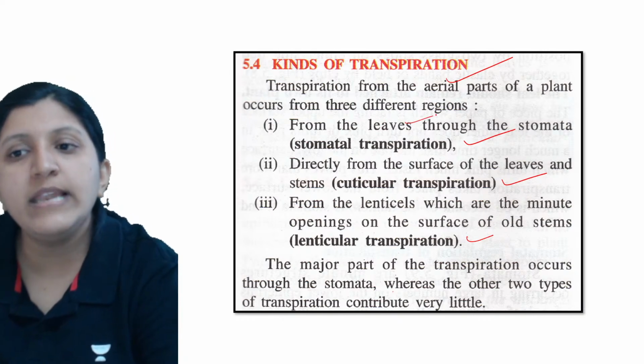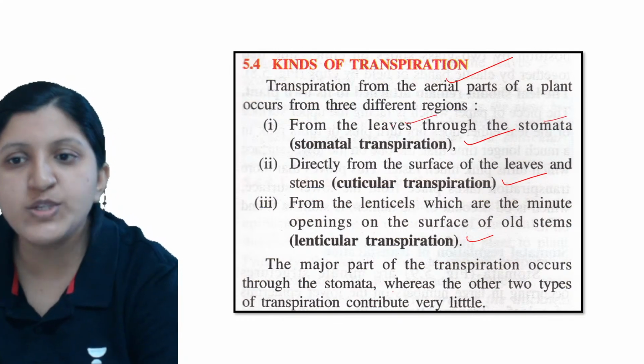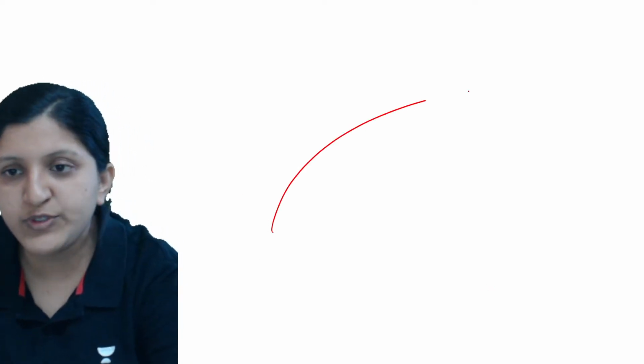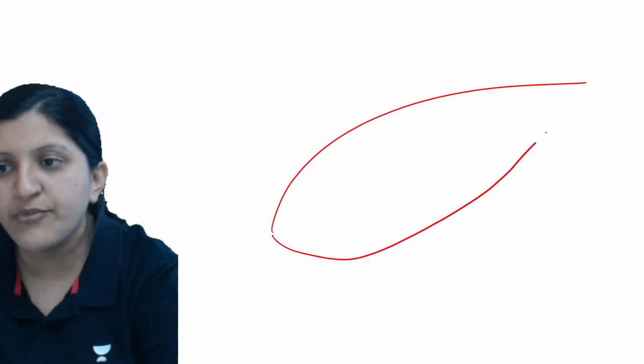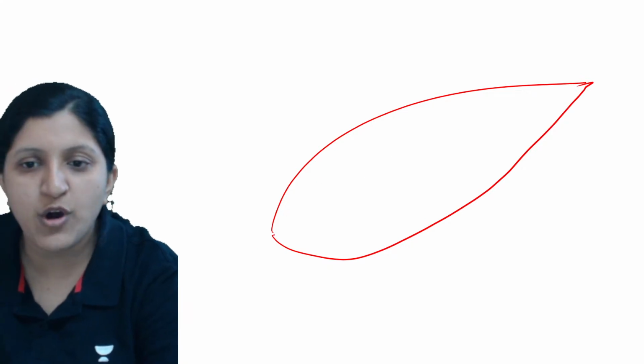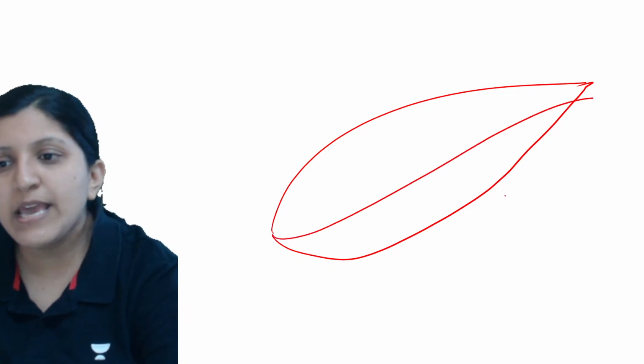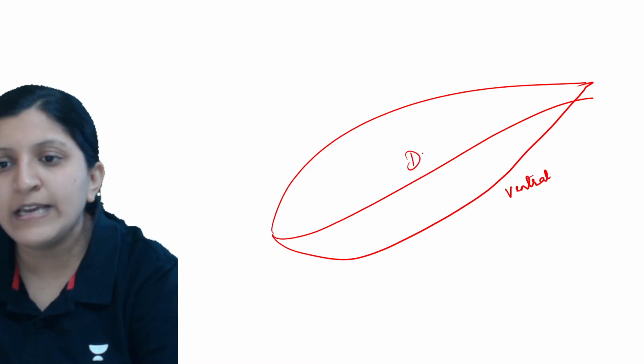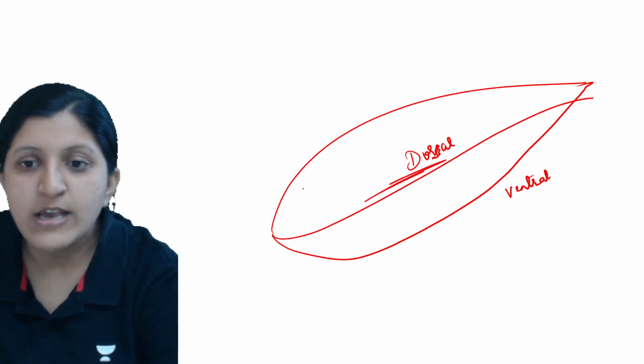Now from the leaves, that is through the stomata. So this is basically a leaf. When we draw the structure of a leaf, there is a ventral surface and then there is a dorsal surface. Let's say below is ventral, the upper one is dorsal.